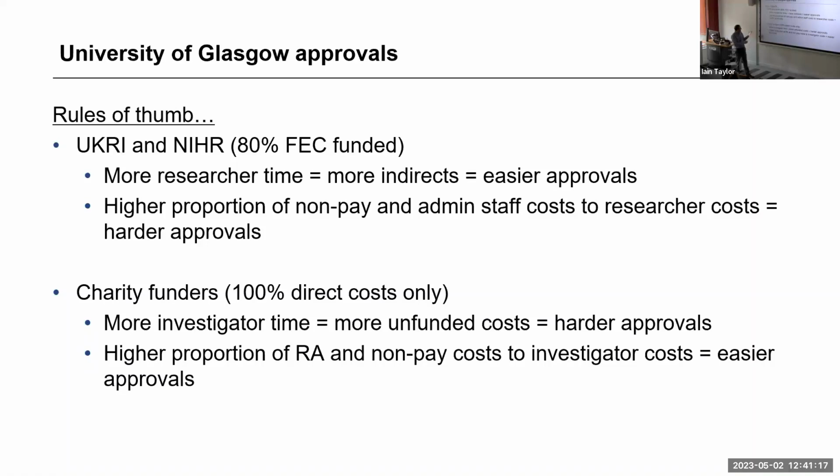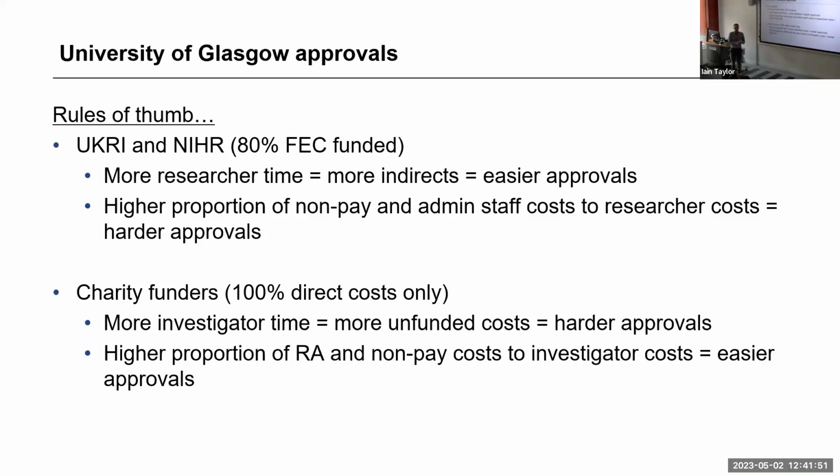And then for the charity funders, a very different sort of model, but something to be aware of. The more investigator time you have, the more unfunded costs you have, which are then harder to get approved. Something I used to see was pretty much the same project going to UKRI and Cancer Research UK, and the PI time would be 5% on the Cancer Research UK one and 20% on the UKRI one.